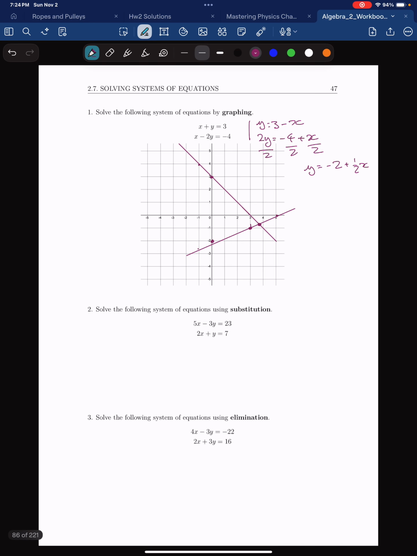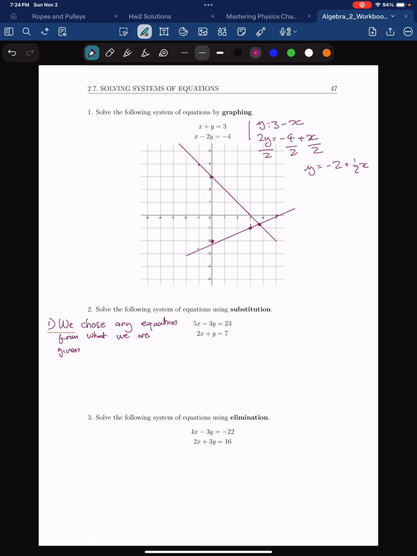All right, so substitution. I know I didn't describe this method in class, but I'm going to describe it again. Number one, we choose any equation from what we are given.